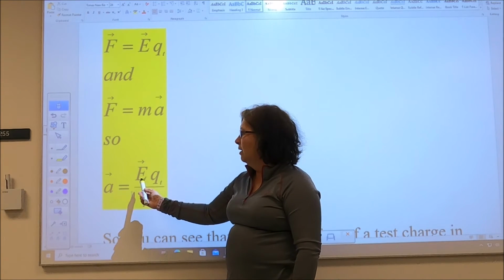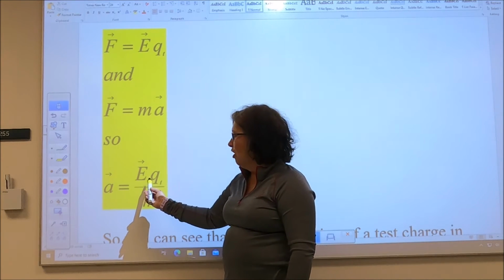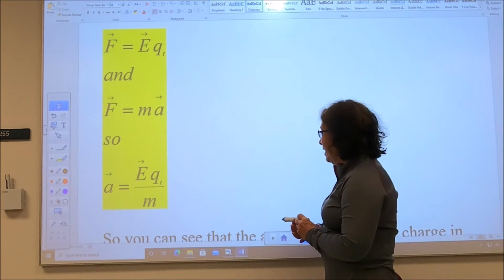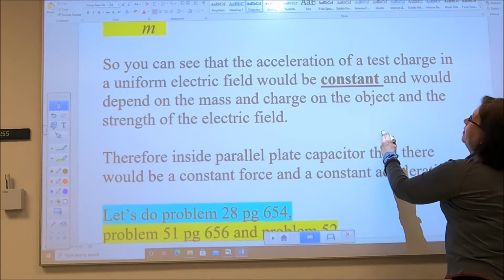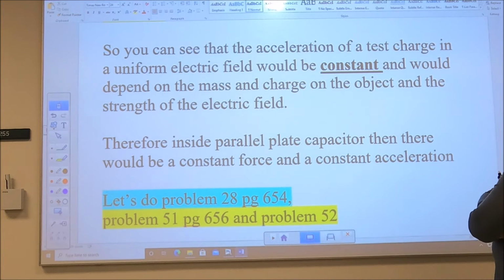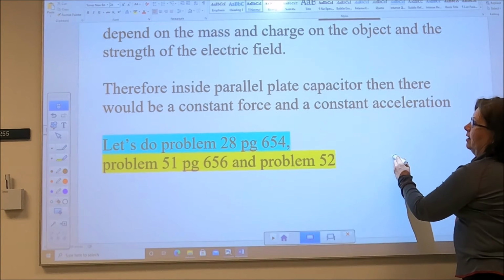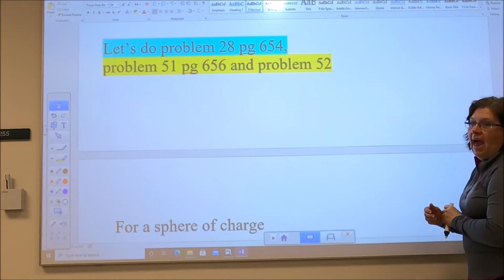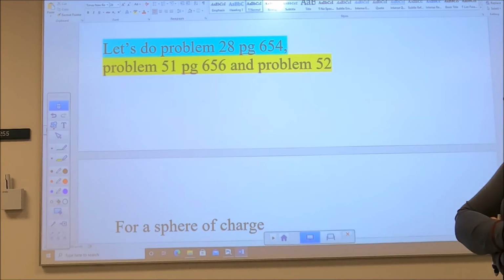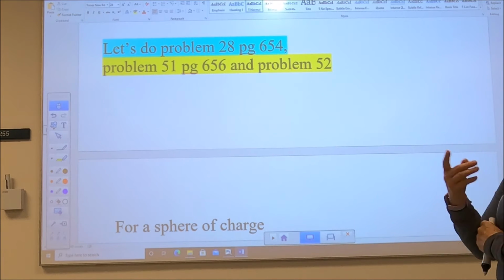If I am dealing with a negative test charge, then the acceleration is going to be in the opposite direction. Now, in a uniform electric field, we're going to have a uniform or constant acceleration through that area, and we can talk about how a particle is going to accelerate when it experiences an electric field.